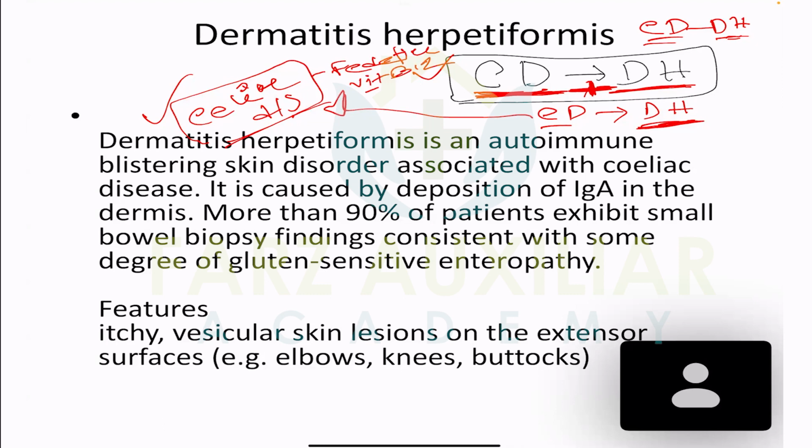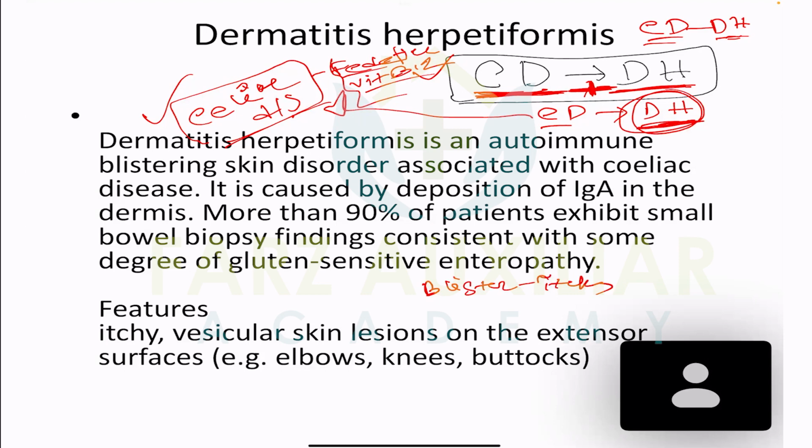Itchy means so much pruritic, blister, and there is diarrhea. What is the diagnosis? Dermatitis herpetiformis. You can diagnose within a second: itching, and diarrhea like steatorrhea, pale greasy stool. So it could be DH.